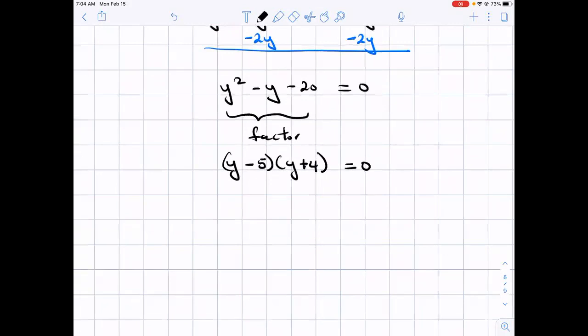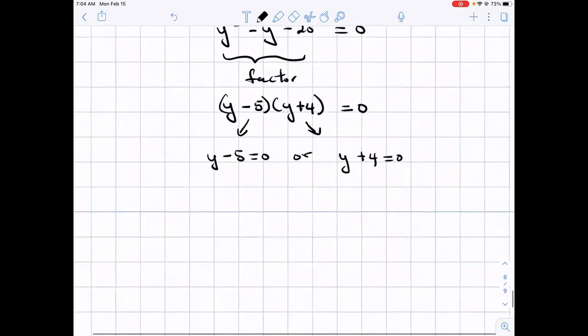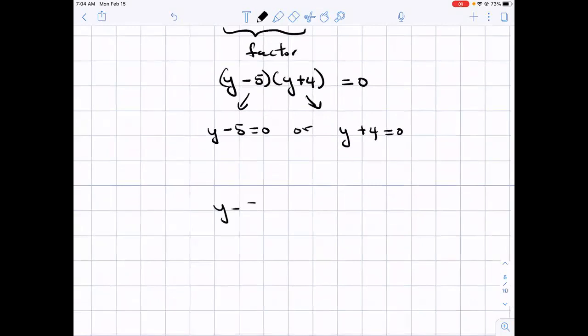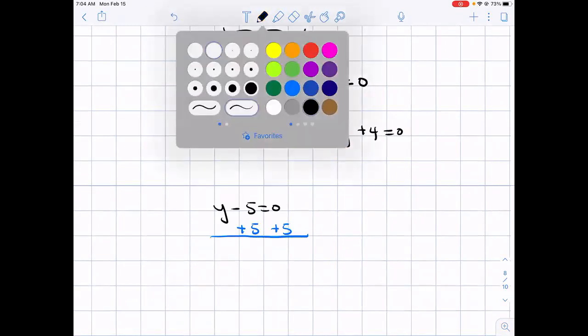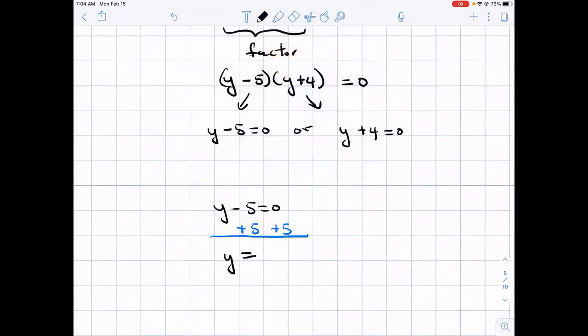And now what we do, we take each factor: y minus 5 is equal to 0, or y plus 4 is equal to 0. If we solve y minus 5 equals 0, we add 5 to both sides, and y is equal to 5.